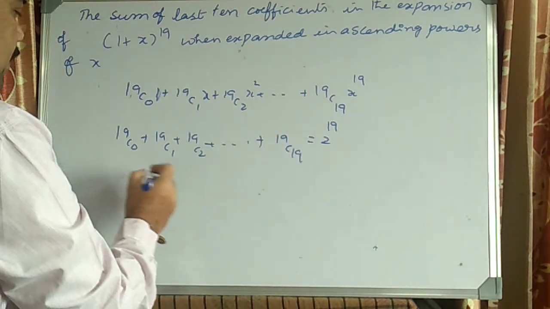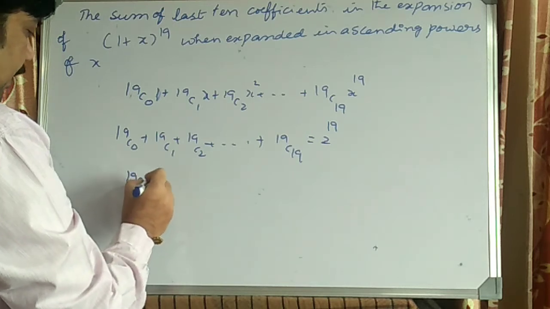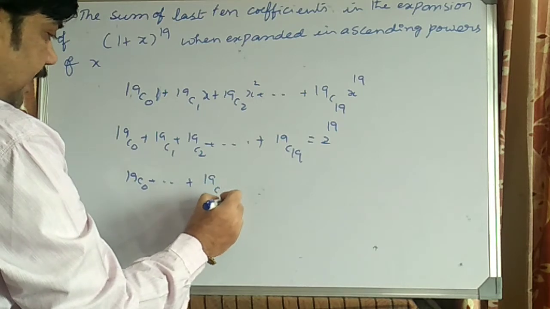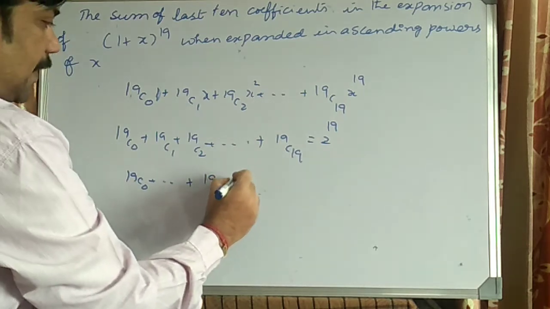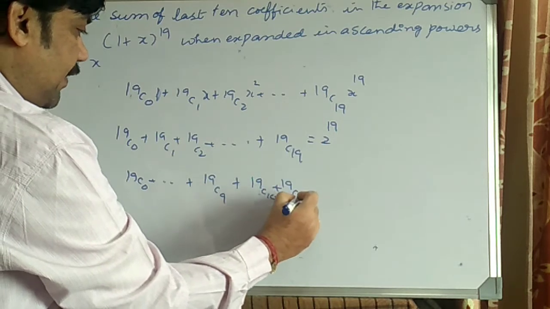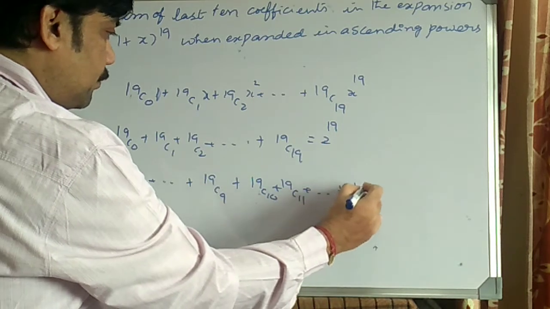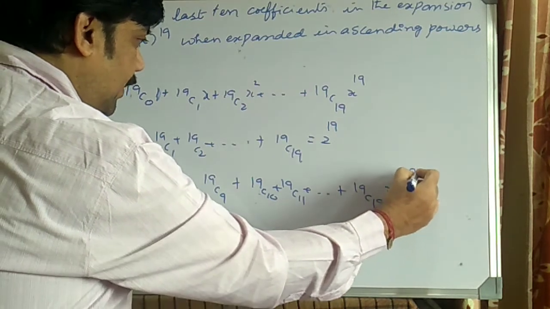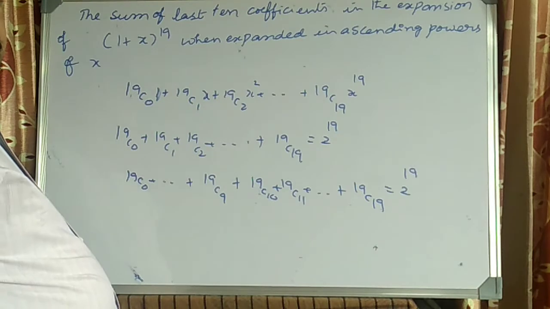So if you see 19c0 plus continued up to 19c9, I have 10 terms here, plus 19c10 plus 19c11 plus continued up to 19c19, which is equal to 2 to the power 19.